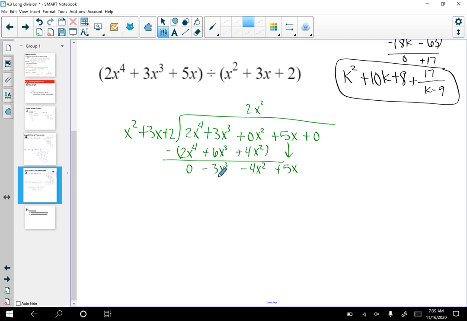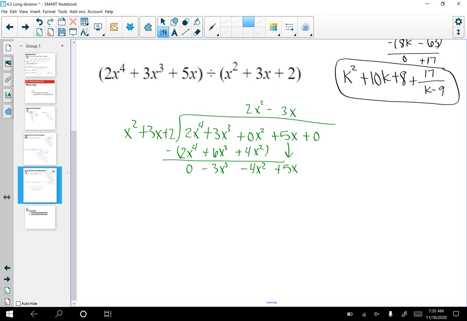Okay, now I'm looking at, I have negative 3x cubed. How do I get 3x cubed? I need to multiply by, we know it's going to be negative. And to get x cubed, I need to multiply by x. And what's my coefficient? I need it to be 3. So now I multiply everything by negative 3x. Remember that's subtraction.